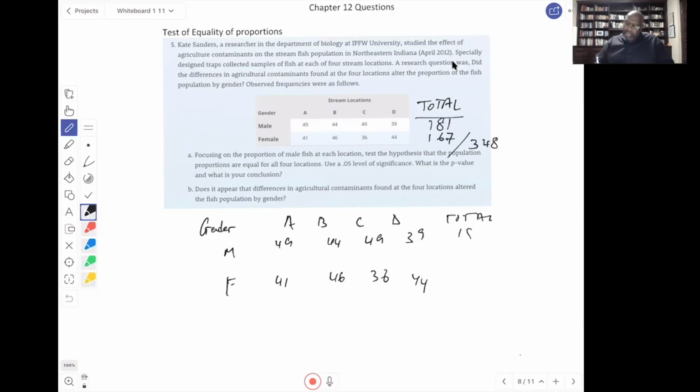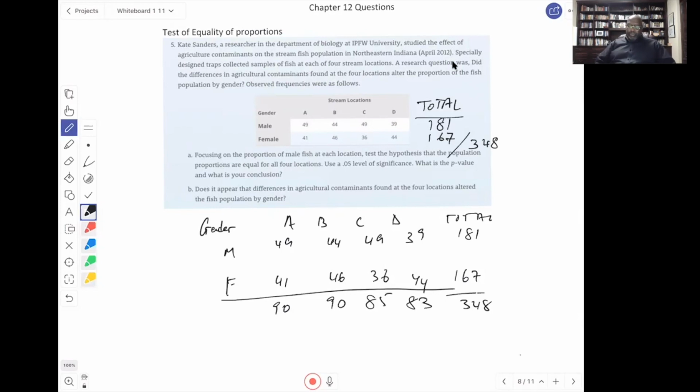When we add it up, I've already said 181, 167, 348. And when we add up the totals of the columns, we will get, the first one was 90, okay? 90, 90, 85, 83. So those are the numbers that we have, right?